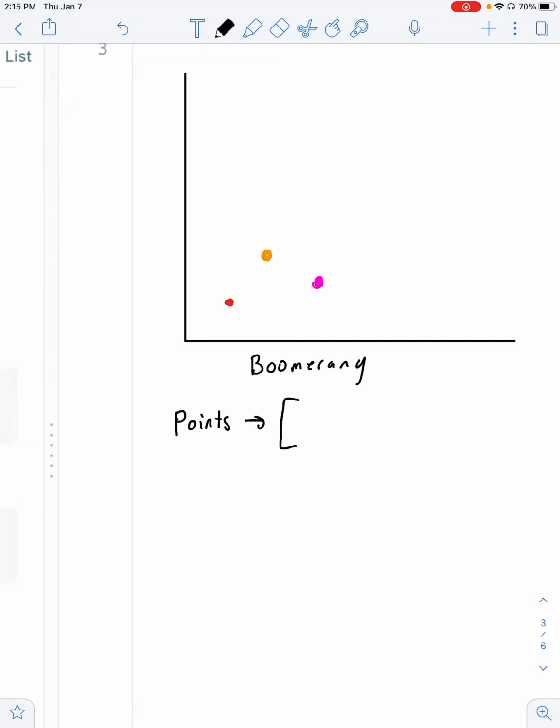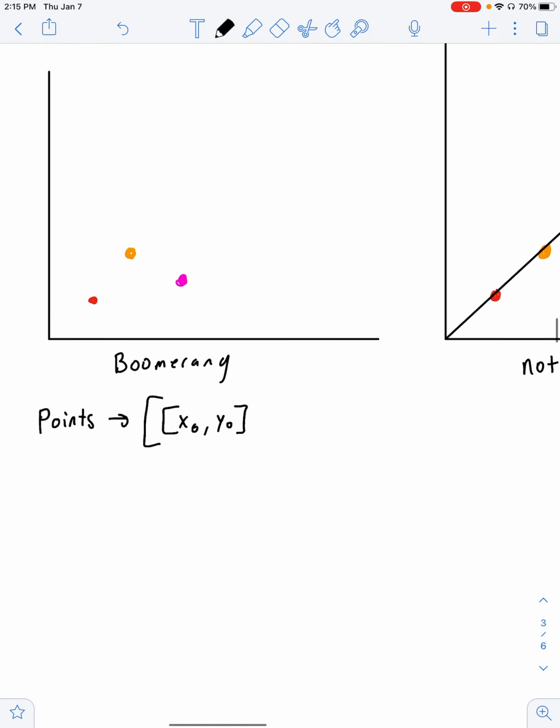It's a list of lists where each sublist is a point, described by two positions, an x position and a y position. So we have x0, y0 for the first point, x1, y1 for the second point, and x2, y2 for the third point, right?